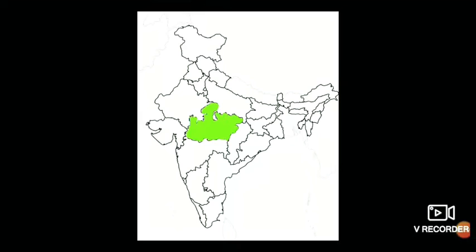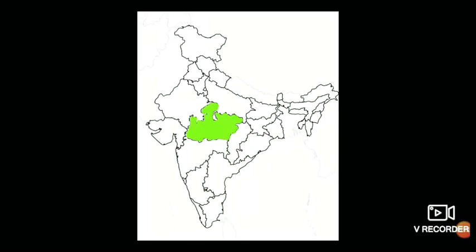Here the forest is less dense and the trees shed their leaves in particular months. Like for 3-4 months they have very good growth, and when the season changes they shed their leaves. During autumn season trees shed. Yes or no? Yes. So here the trees shed their leaves in a particular season.